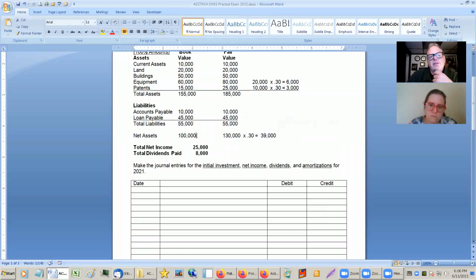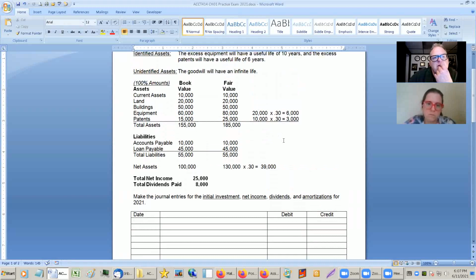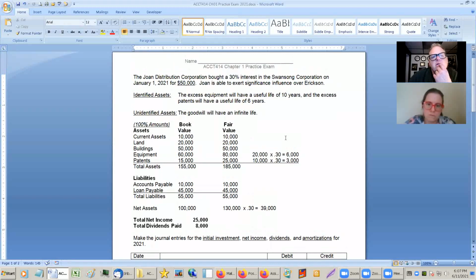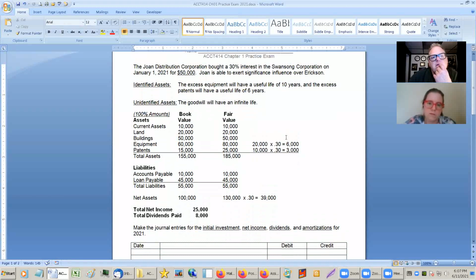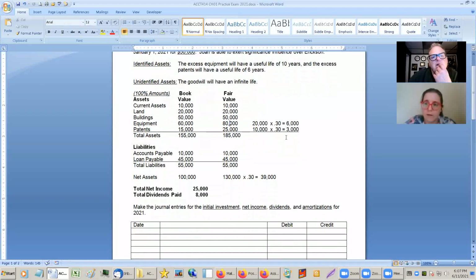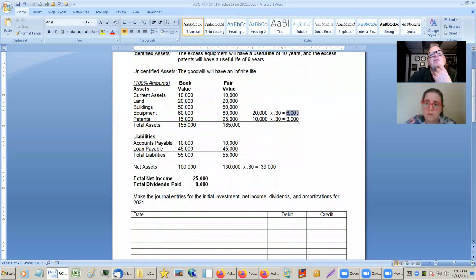So that's the 30,000 plus the 9, which is in here. And then the goodwill would be 11,000. So they paid 50. Okay. All right. Yeah. So these would be the two.